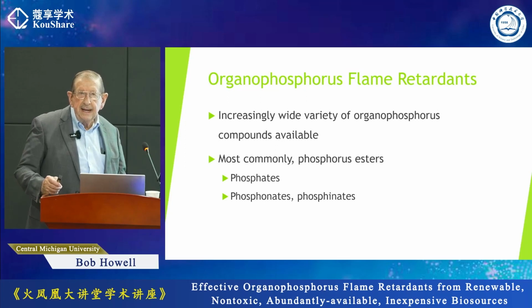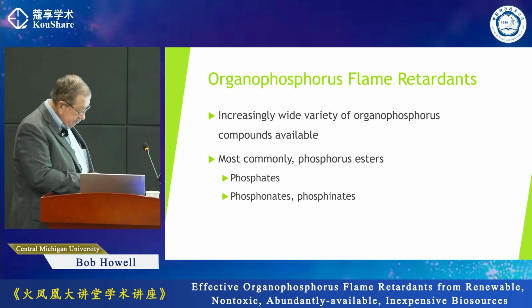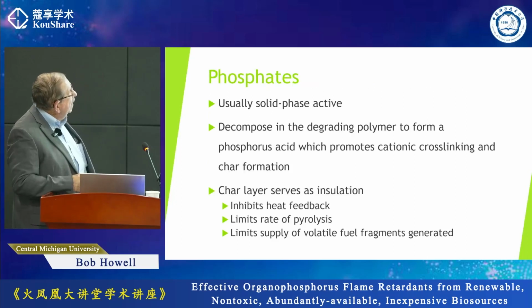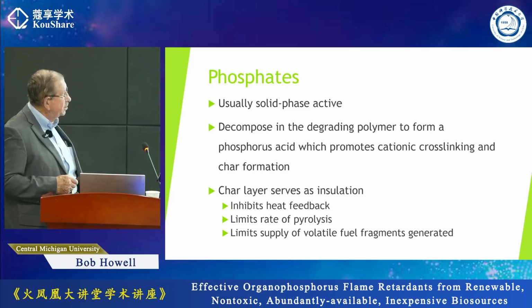compounds that are less highly oxygenated at phosphorus tend to generate gas phase active species. So phosphates are usually solid phase active. They decompose to generate phosphorus acids, promote cation cross-linking, and char formation.